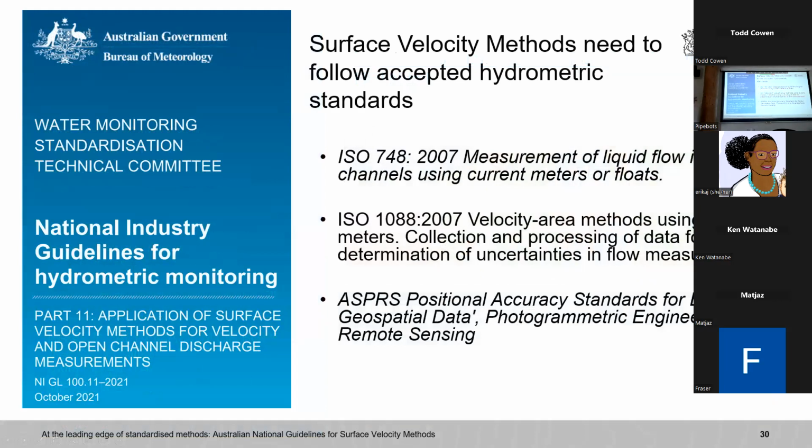So in the development of our guidelines, we look to remain in touch with existing hydrometric standards. ISO 748, for example, already contains certain information and regulations in regards to surface velocity measurements for floats. It's velocity area methods, so again, there are already certain standards in place that we have to align with.